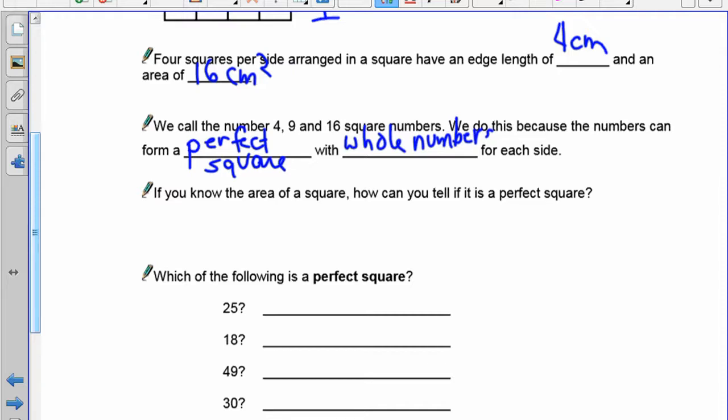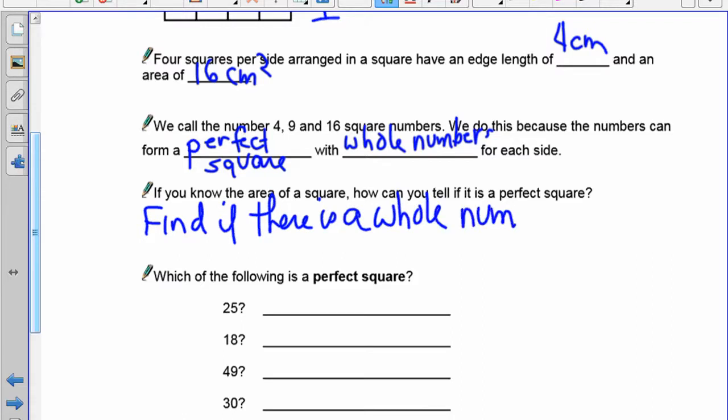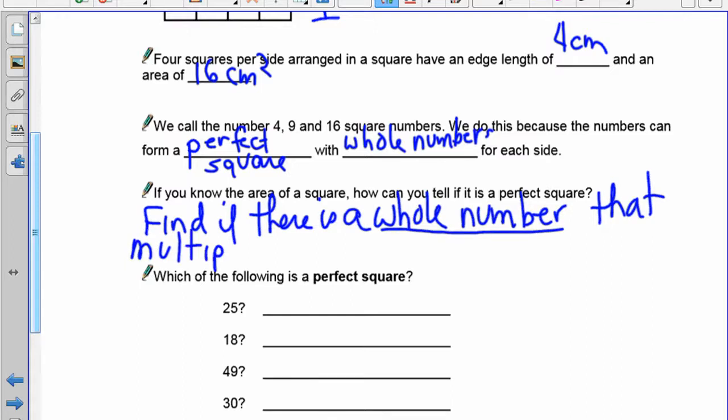Well, to do this, what you have to do is search through your knowledge and find out, is there a whole number that multiplies by itself to give you this area?